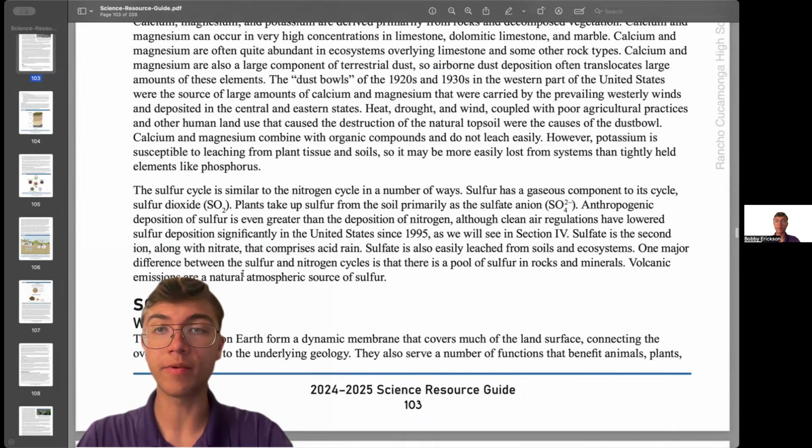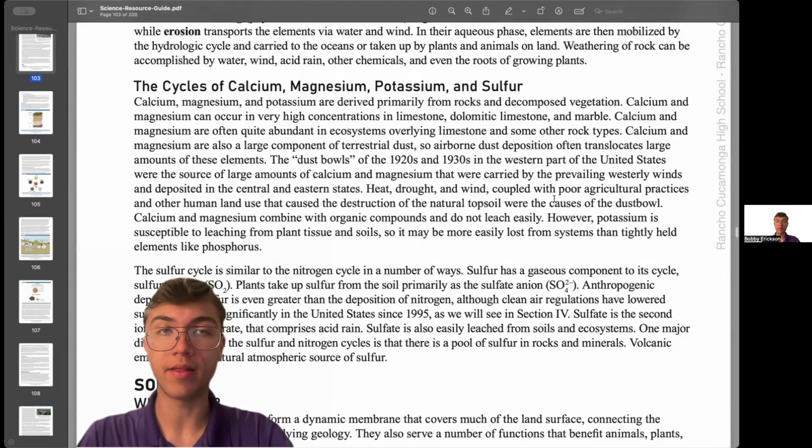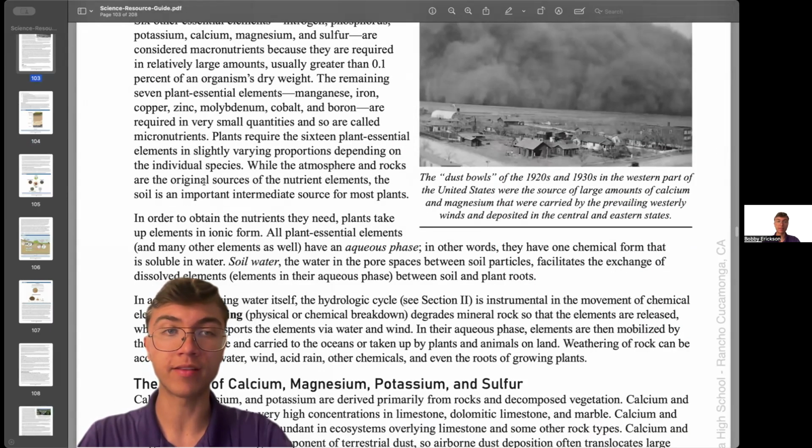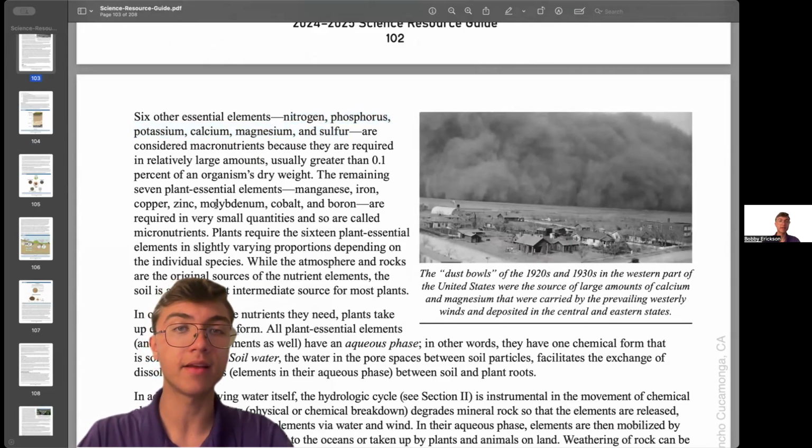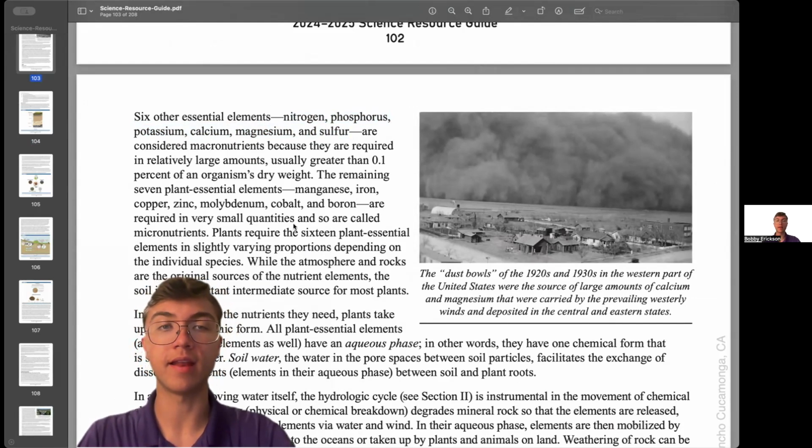Remember, up here we talked a lot about the different macronutrients that are needed, such as nitrogen, phosphorus, potassium, calcium, magnesium, and sulfur. And then the micronutrients: manganese, iron, copper, zinc, molybdenum. This isn't actually cobalt, this is chlorine or chloride, and then boron.